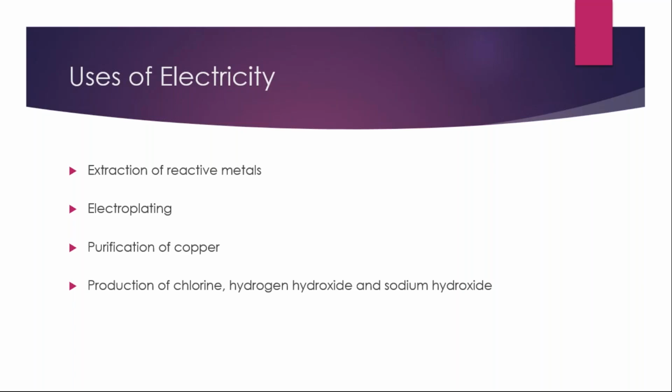Now, when this iron, for example, comes in contact with moisture present in the air, which is water, the upper layer of the iron turns into iron oxide. When this iron comes in contact with moisture, a combination of water and a little oxygen, the iron oxide is formed.